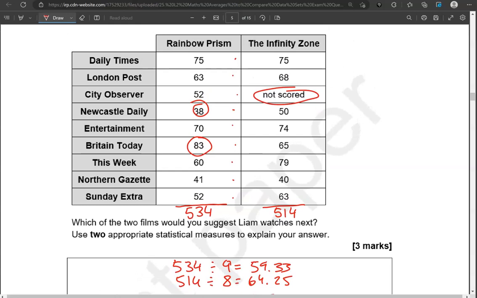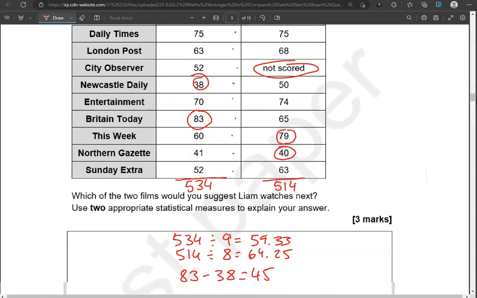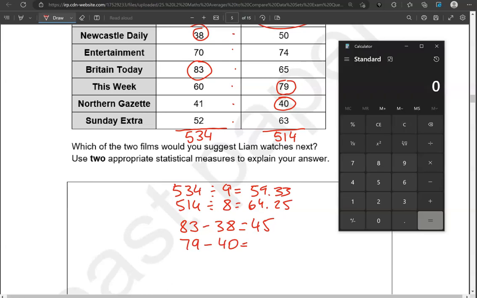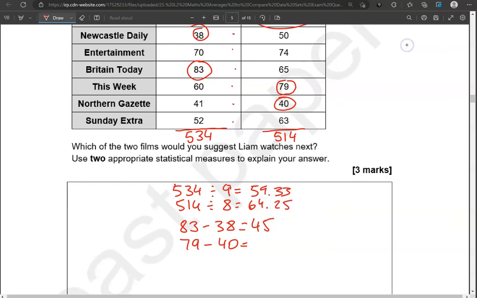Looking at the Infinity Zone, the highest score is 79 and the lowest score is 40. So 79 take away 40 gives us 39.